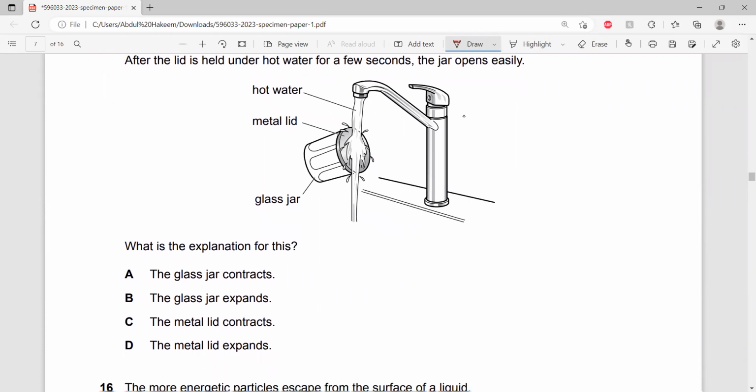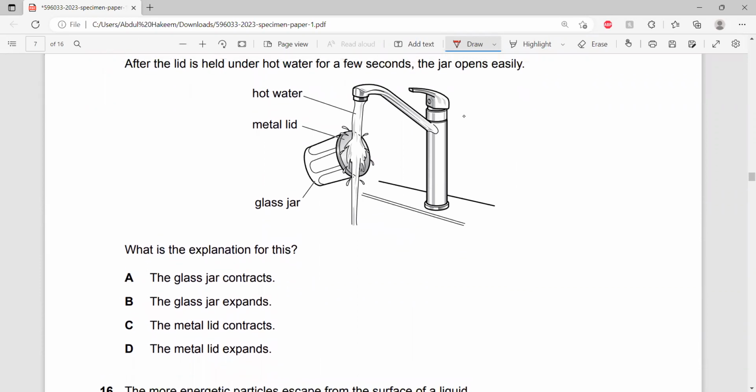What is the explanation of this? So definitely, the lid expands. So the glass jar contracts? No. The metal lid contracts? No. The metal lid expands. So this is the answer D. Because heating causes expansion. So the lid expands, so it opens easily.